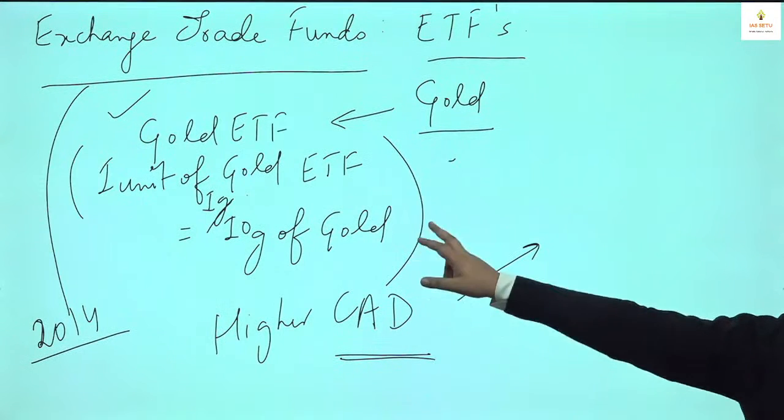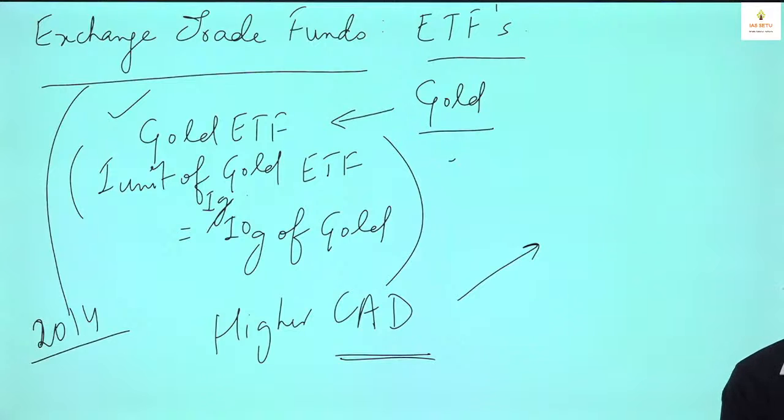You can write this: 1 unit of gold ETF is equal to 1 gram or 10 grams of gold. तो आपको देखना पड़ेगा कौन सा गोल्ड ETF है, किस AMC का है ना, देख के पता लग जाता है। 53,000 चल रहा है तो इसका मतलब 10 ग्राम्स है, 5,300 दिया है तो इसका मतलब 1 ग्राम है। इतना तो स्मार्ट हो तुम, समझ जाओगे ना। 1 unit of gold ETF is equal to 1 gram or 10 grams of gold, introduced in the year 2014.